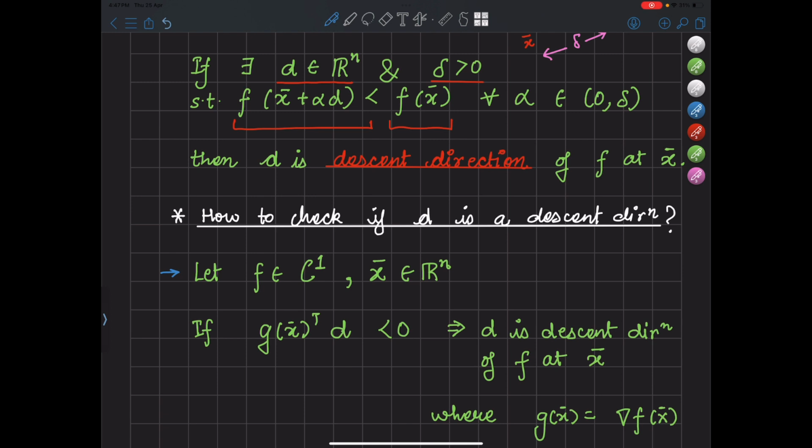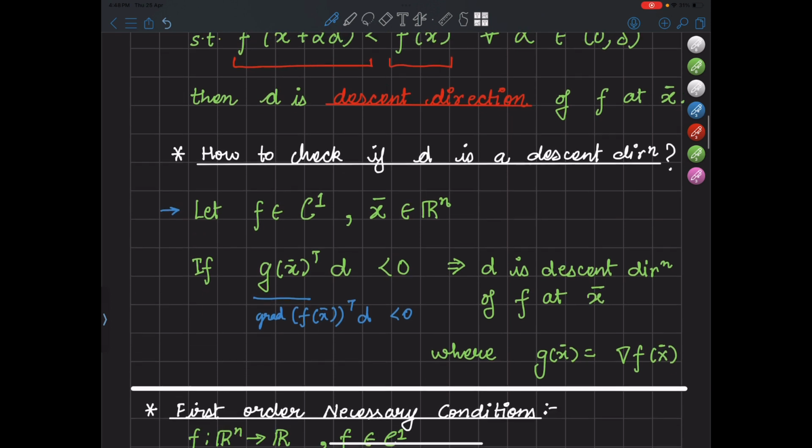Then if g(x bar) transpose d, basically the dot product of the gradient of the function at x bar and the direction, is less than 0, then d is a descent direction of f at x bar. This is a simple test.